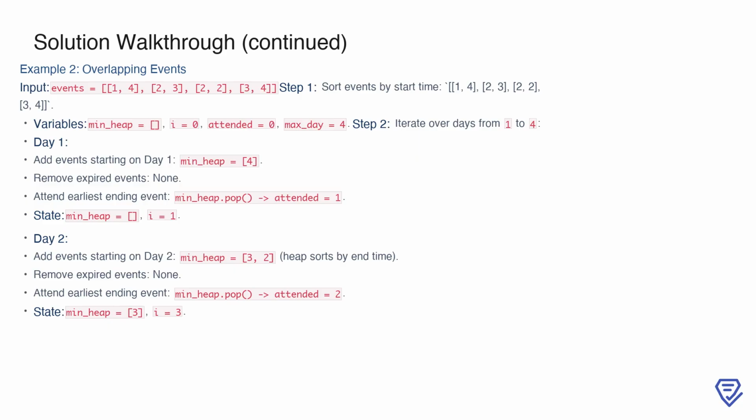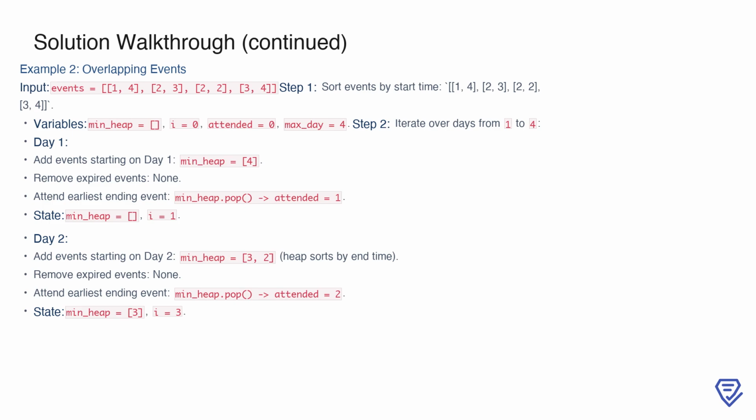On day 2, we add 2 events starting on this day to the heap, one ending on day 3 and another ending on day 2. Since the heap organizes by end time, it becomes [2, 3]. No events have expired, so we attend the earliest ending event, which is the one ending on day 2. After removing it from the heap, attended increases to 2, and the heap is left with [3].